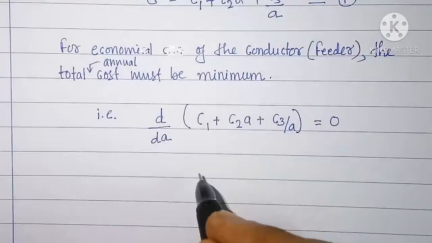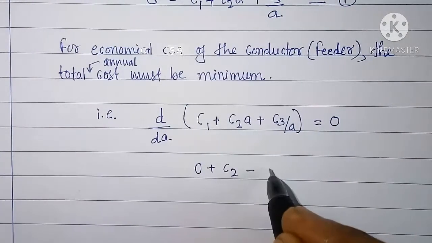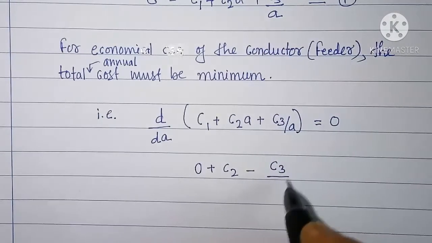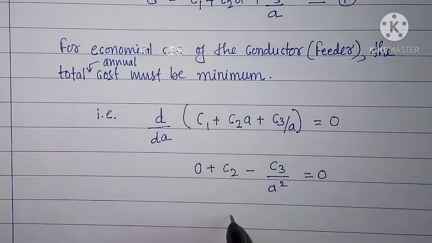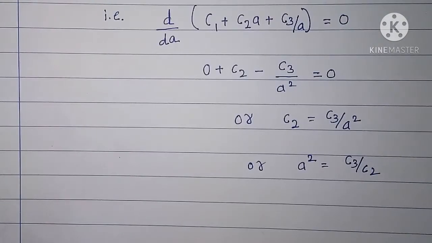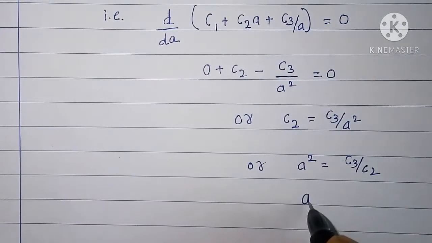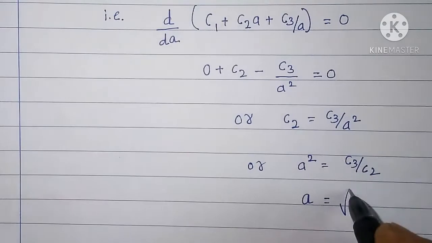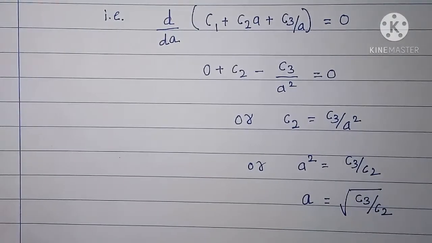Differentiating, we get 0 plus C2 minus C3 by A square equal to 0, or C2 equal to C3 by A square, or A square equal to C3 by C2, or A equal to under root C3 by C2.